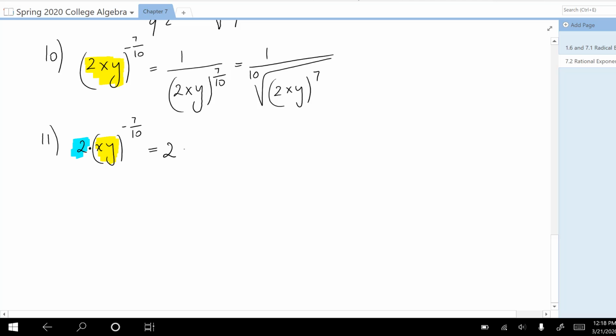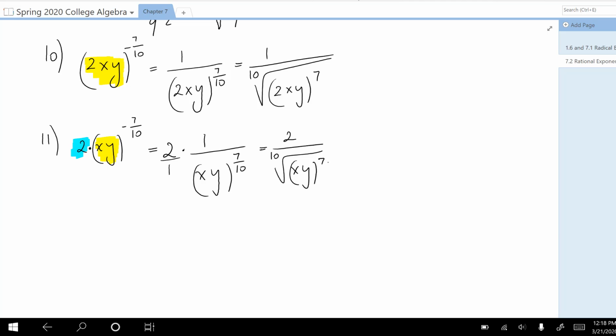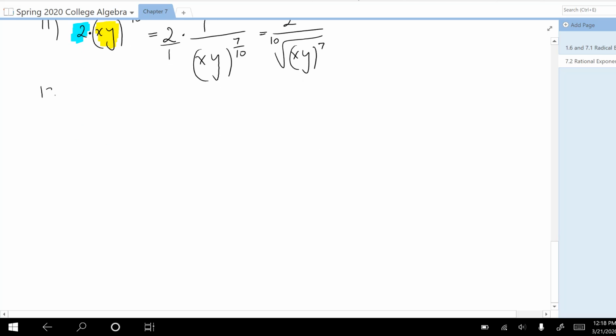So I'm just going to copy that 2, and then I'm going to change just xy to negative 7 over 10 as 1 over xy to 7 over 10. So 2 times 1, right, because I can multiply fractions, and then 10th root of xy to the 7. And that's pretty much it. So I hope you can see the difference between 10 and 11. Okay, a couple more problems.